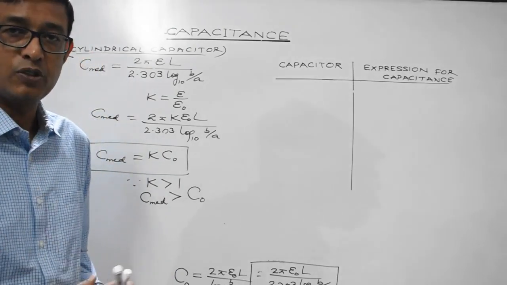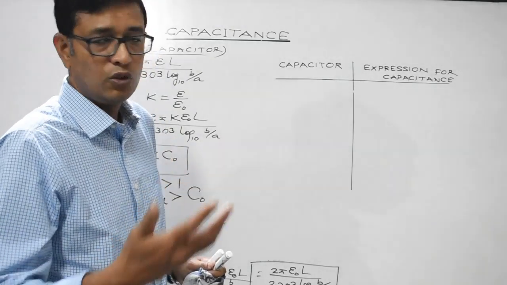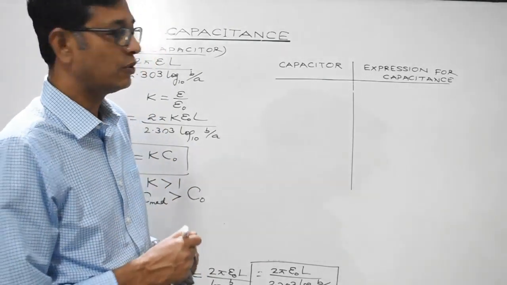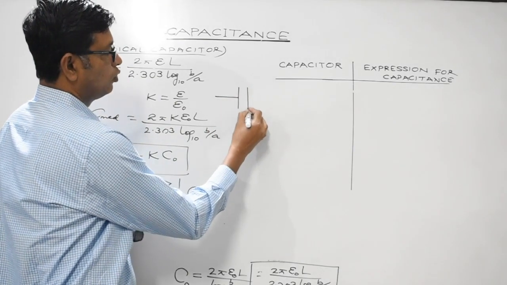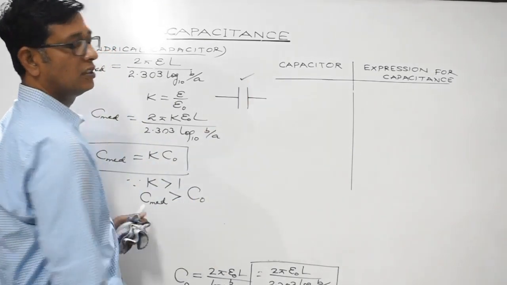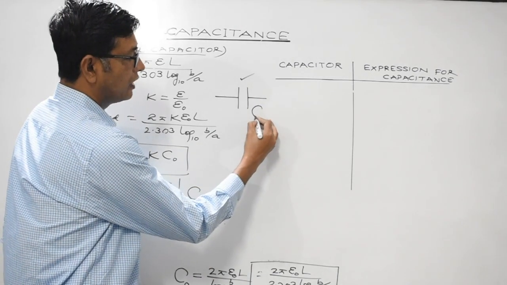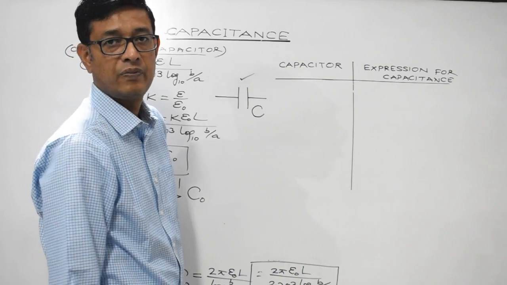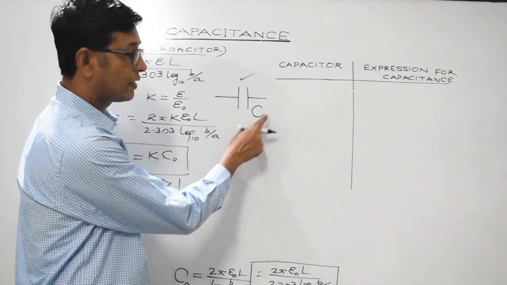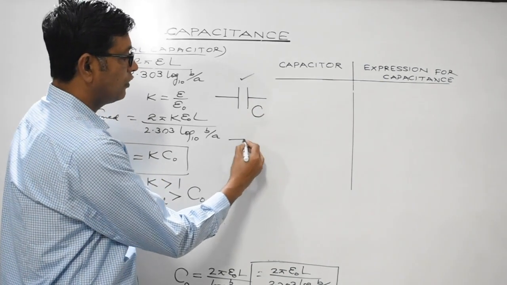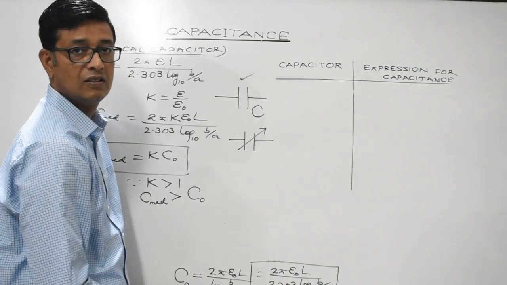This symbol of a capacitor, whether you are using a parallel plate capacitor, spherical capacitor or cylindrical capacitor, this is the symbol of a capacitor. Set of two parallel lines. This is the symbol of a capacitor having fixed value of capacitance C. In case of a variable capacitor, the symbol is like this.